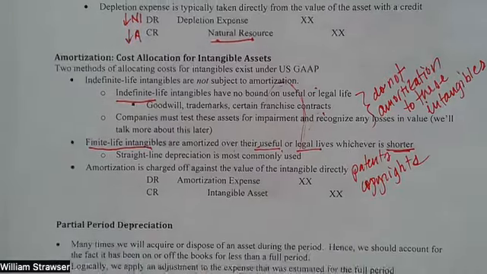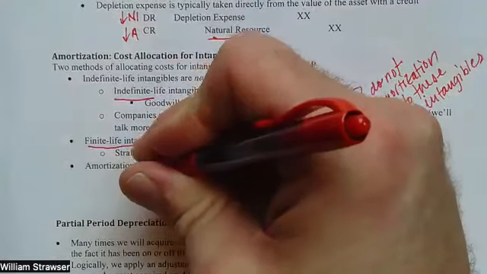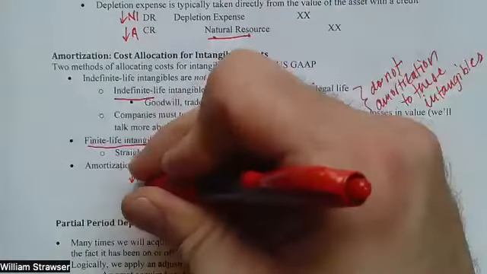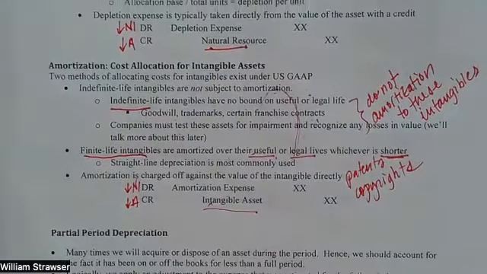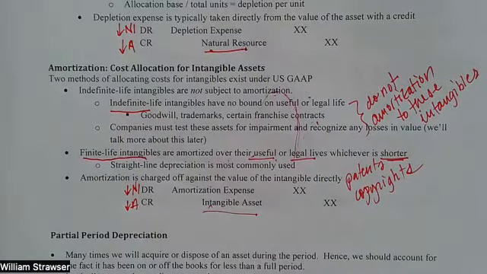And again, amortization is debited and we credit the intangible asset directly rather than crediting a contra asset like accumulated amortization. It's just not something we tend to do. We credit patent, we credit copyright, whatever it is we're applying the amortization to, but not a contra account.